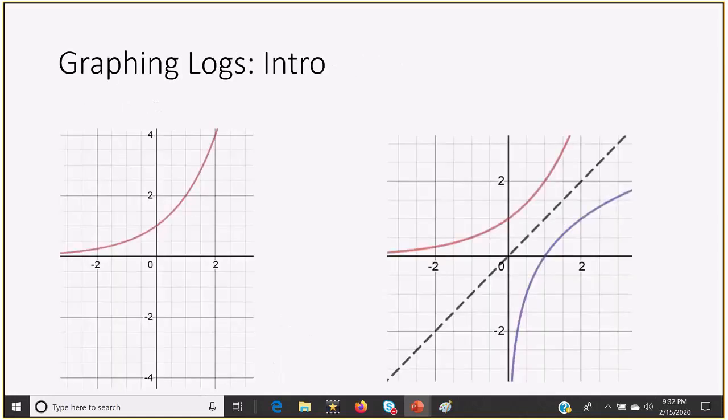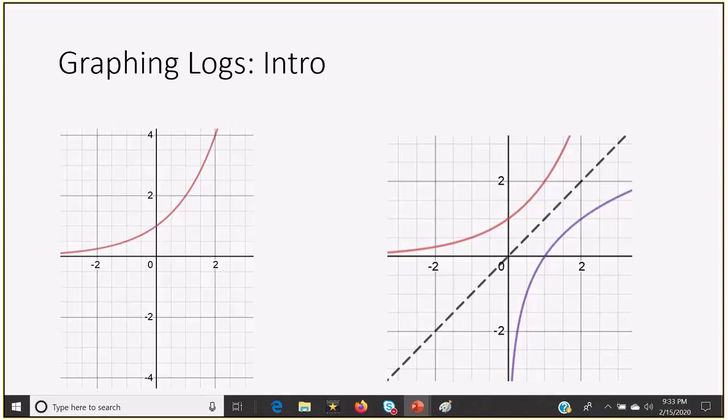Now, as a very brief introduction of logarithms, the graph on the left is not a logarithm at all. It's an exponential. We've seen that before. What a logarithm is, and this is how you graph any inverse, we've talked about this before, I believe, is we draw a y is equal to x line, a dotted line that's not even really there, and we flip it over that line.